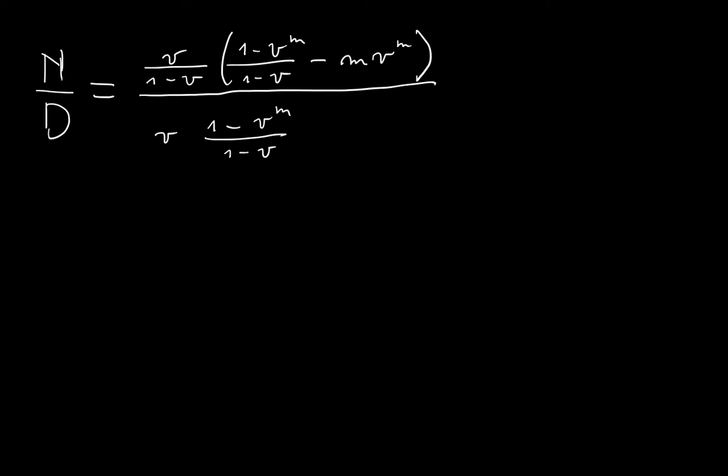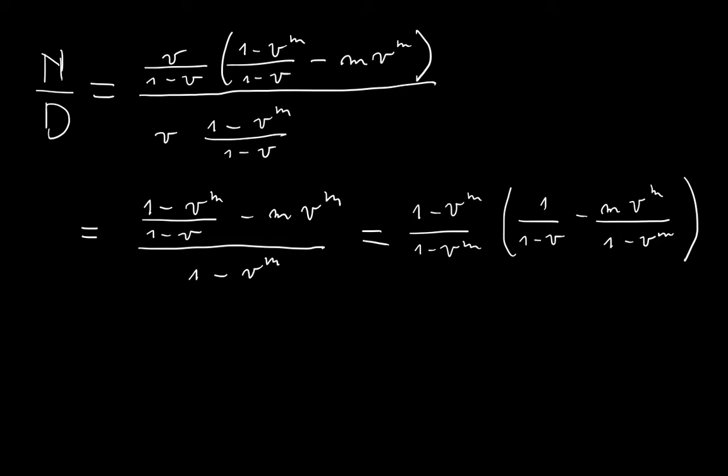We can see that both at the numerator and the denominator the common term is v divided by 1 minus v. At the numerator we remain with 1 minus v power m over 1 minus v, minus m times v power m, and at the denominator 1 minus v power m.